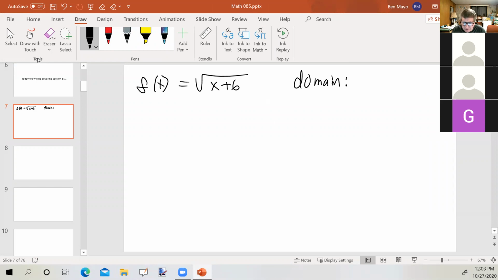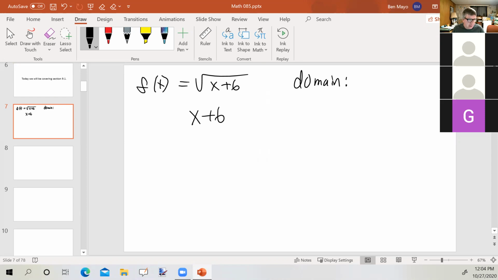So if the index is even, the radicand cannot be negative. All right? Is the index even here? Yes. So the radicand cannot be negative.